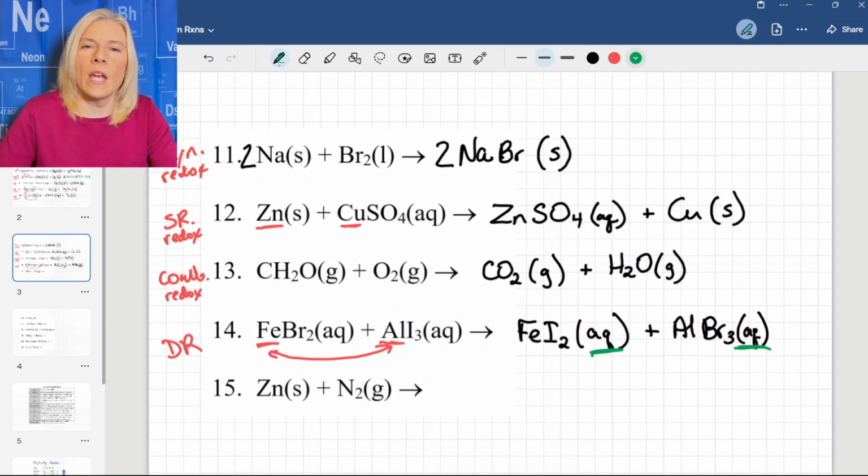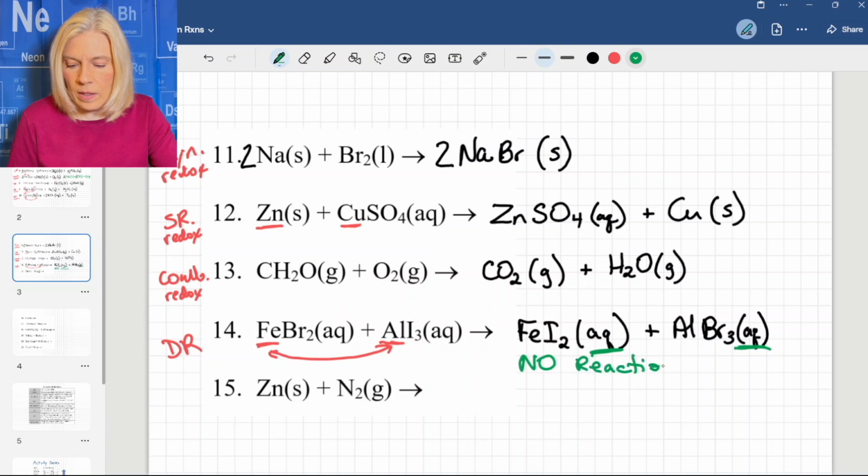If I drew this reaction, I would have my ions swimming in a beaker, separated all by themselves, before and after reaction. So this one is no reaction, nothing happened. I'm not forming a solid, I'm not forming a liquid, I'm not forming a gas.